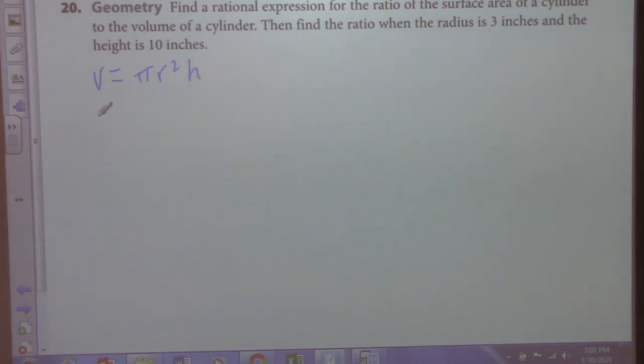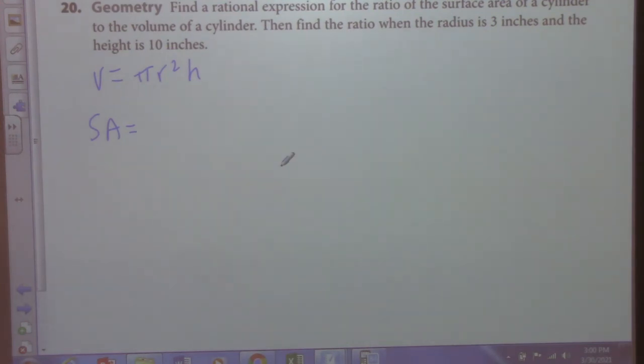Now the surface area. We're talking about the area of the surface: the area of that, plus the area of that, plus the area around, right? So how do we find such things?